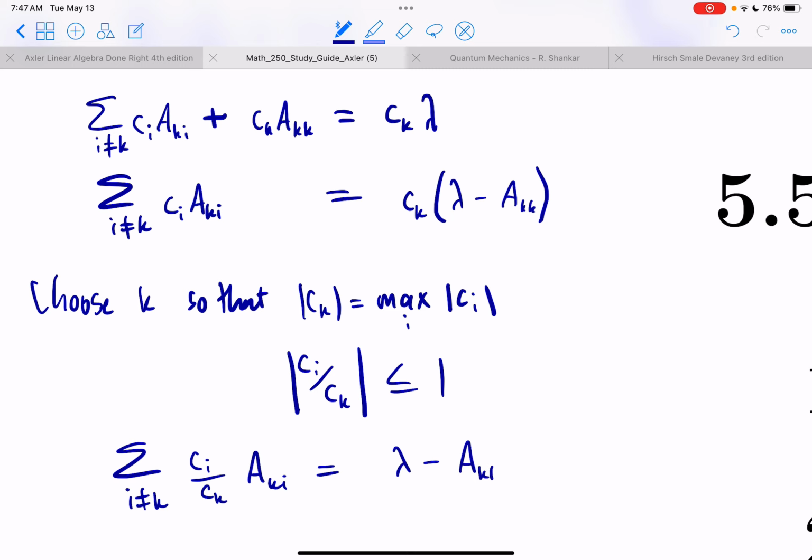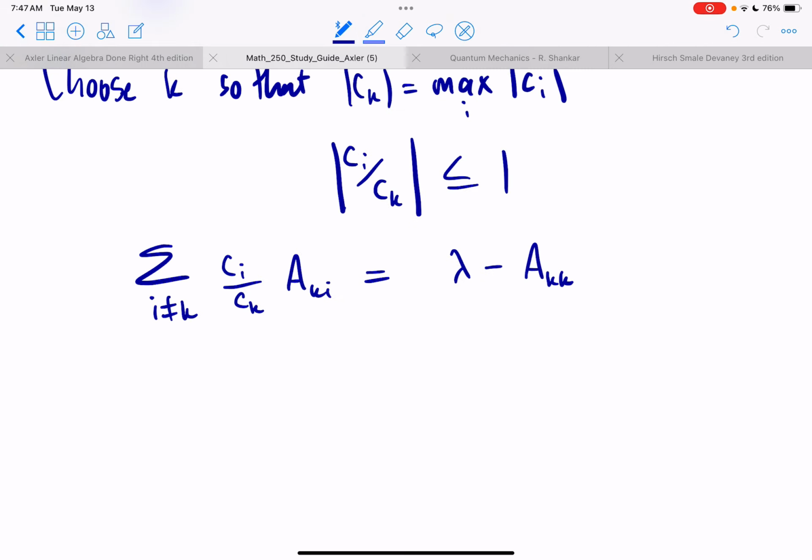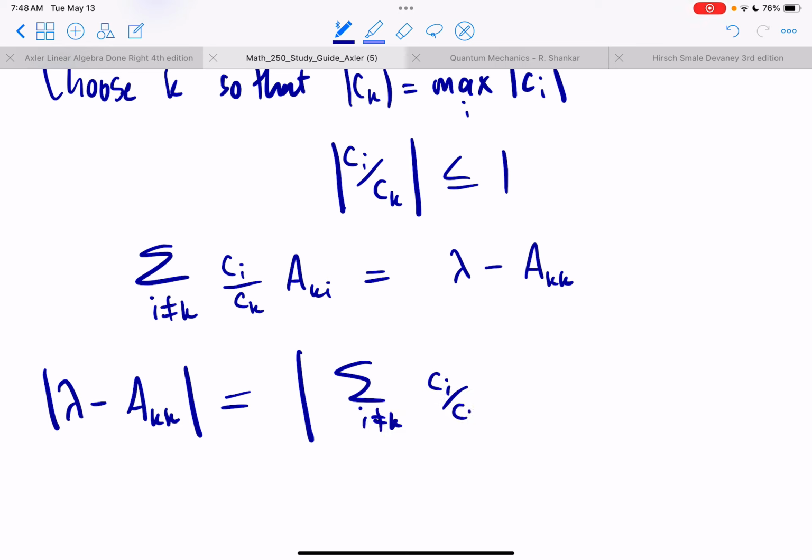equals lambda minus a_kk. And so now what we're going to say is, look, the size of lambda minus a_kk is equal to the size of the sum, i not equal to k, of c_i over c_k, a_ki.